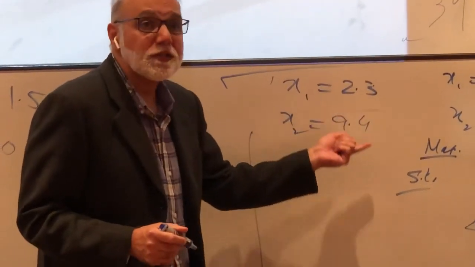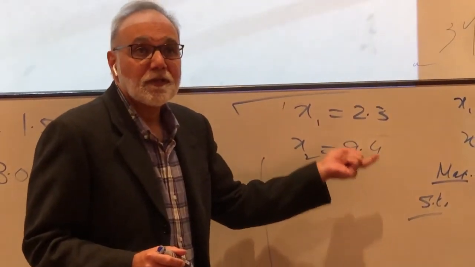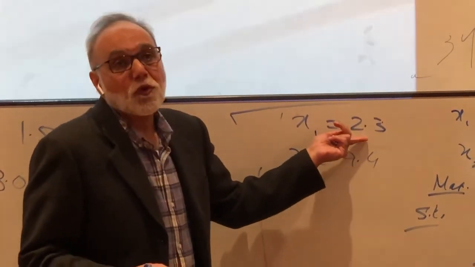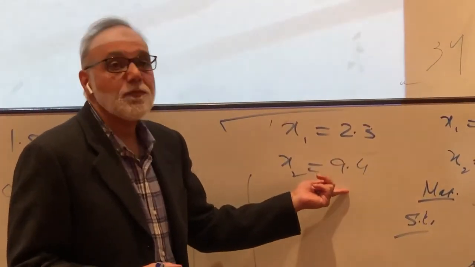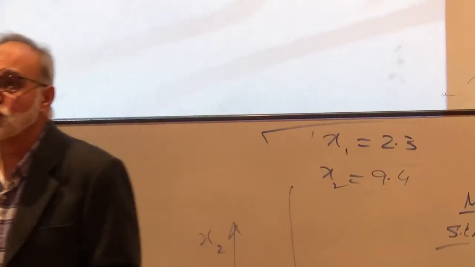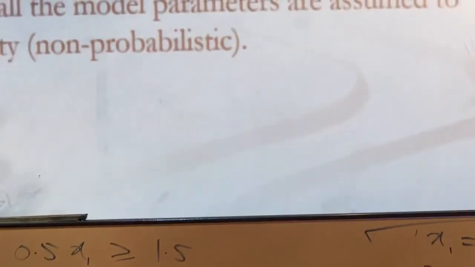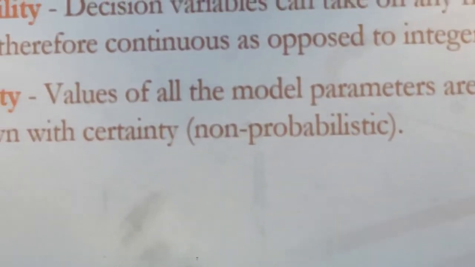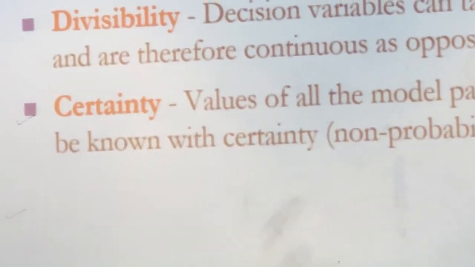Although these are not integers, the decimal numbers are there. We cannot make 2.3 bowls and 9.4 mugs, but we accept this solution in linear programming. This is called divisibility. The divisibility is the property of linear programming.